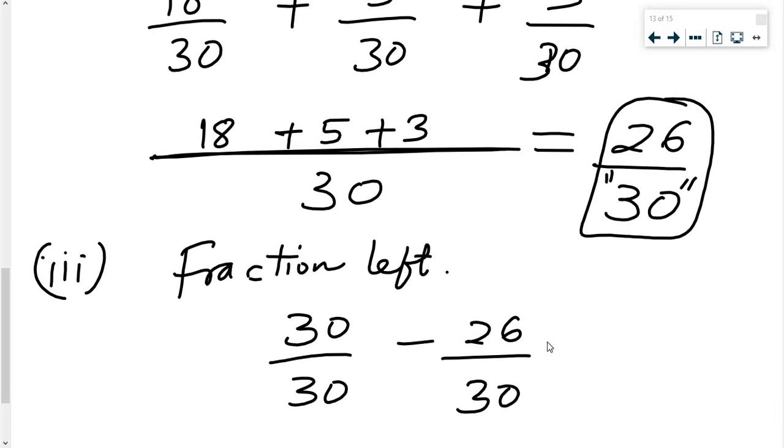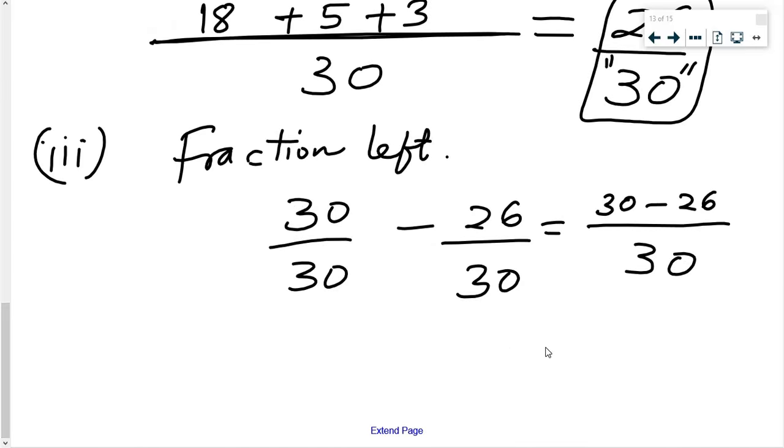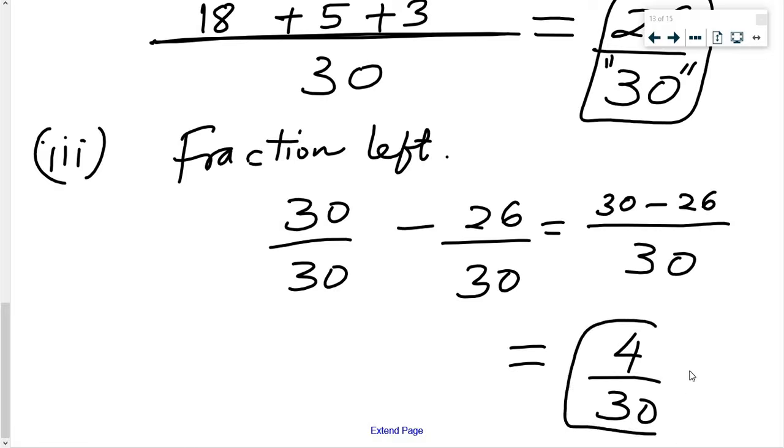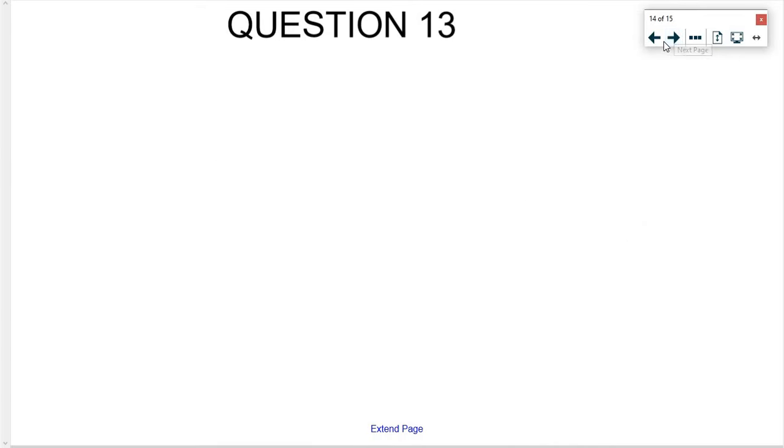You have same denominators. Just write one denominator here and subtract the numerators. And therefore you'll have 30 minus 26, you'll have 4 upon 30. Just stop here. That is the fraction left. Next question.